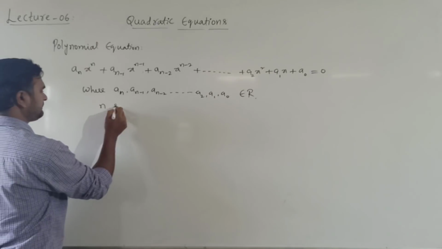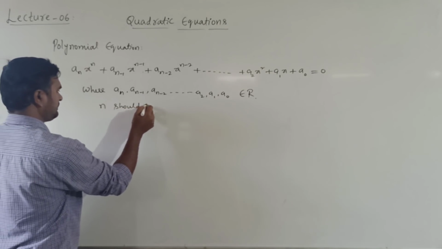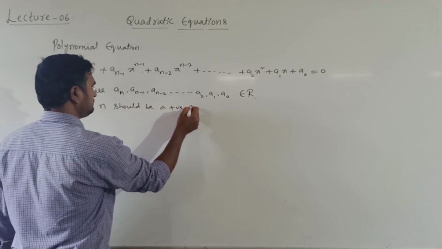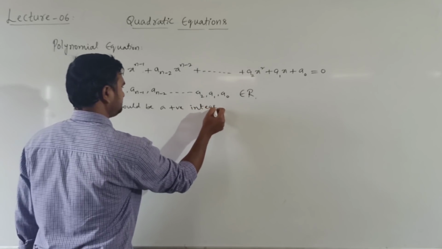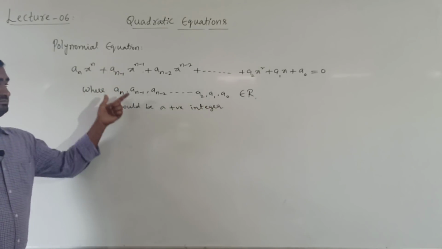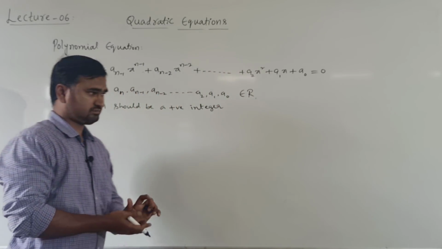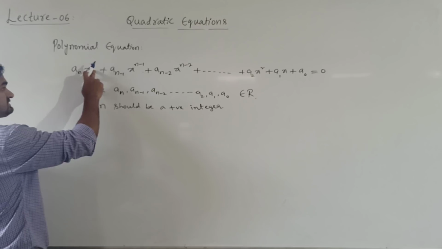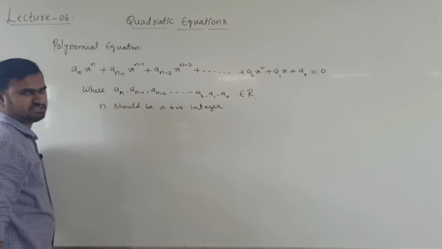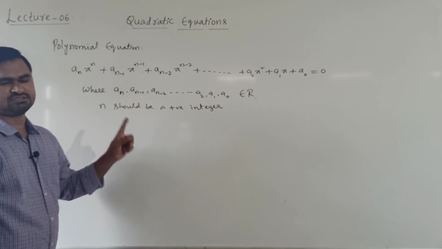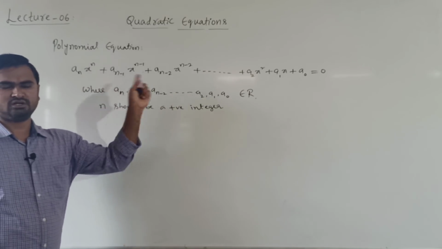N should be a positive integer. Then this equation is called a polynomial equation, and the highest power of x, or the highest index of x, is called the degree of the polynomial equation.